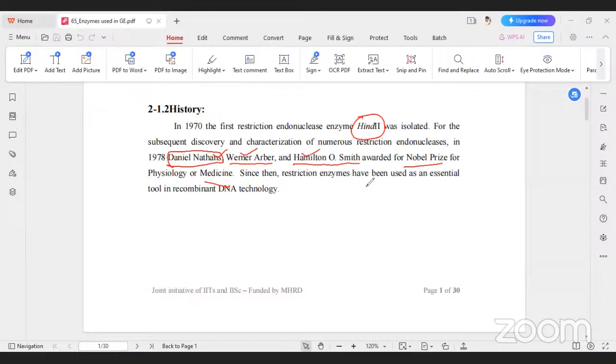Since then, restriction enzymes have been used as an essential tool in recombinant DNA technology. So these are all enzymes used for recombinant DNA technology to cleave the DNA fragment and get the desirable DNA. The first discovered endonuclease was HindII, a type of restriction endonuclease, by Nathans, Arber, and Smith.